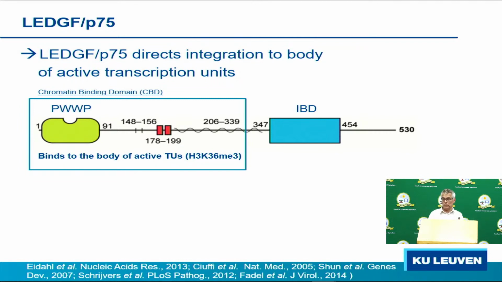And you know that the DNA is wrapped around nucleosomes. Nucleosomes are composed of histones. Histones have lysines. Well, this 36th lysine is triple methylated. This affects the charge, because the lysine is normally positively charged, and this affects the chromatin compaction. Well, this particular mark is recognized by LEDGF. LEDGF binds, and this mark is present in active chromatin, where transcription takes place.